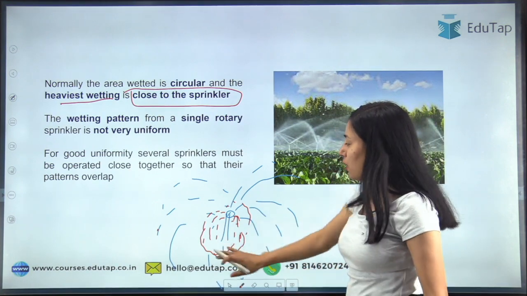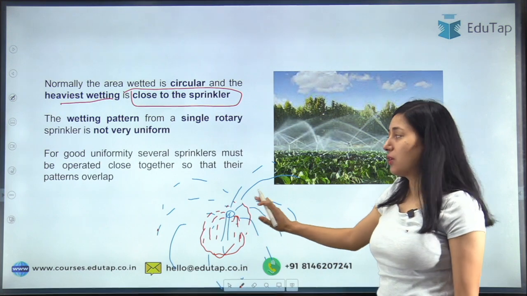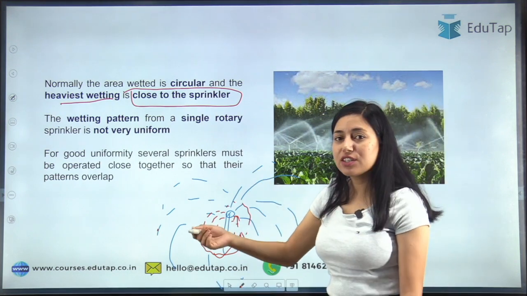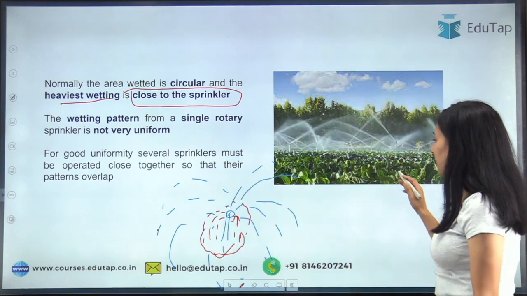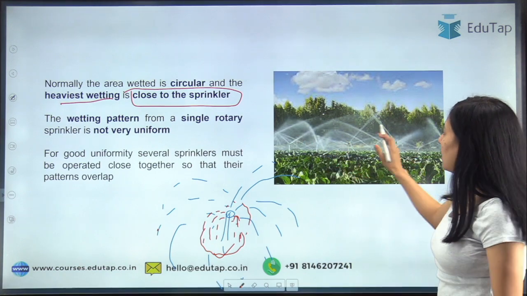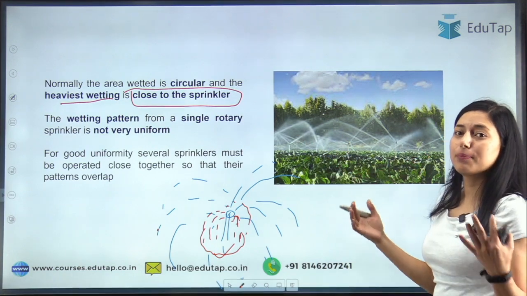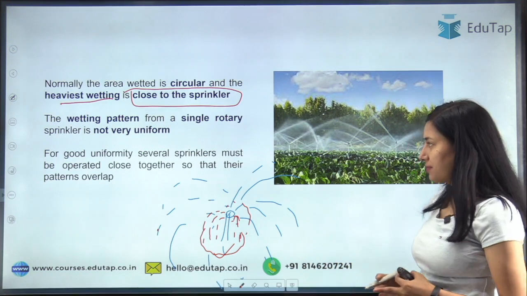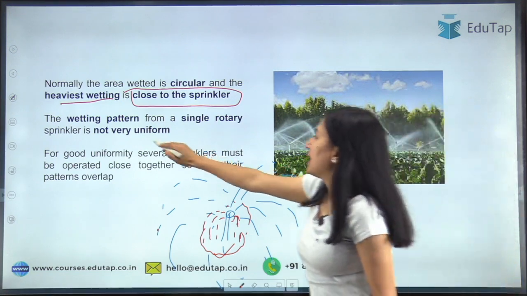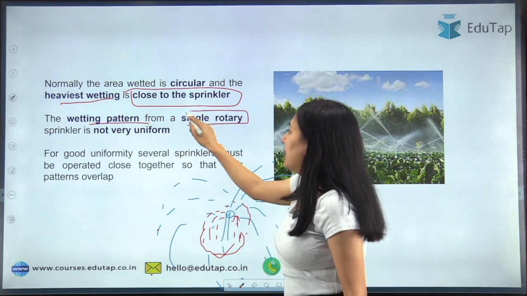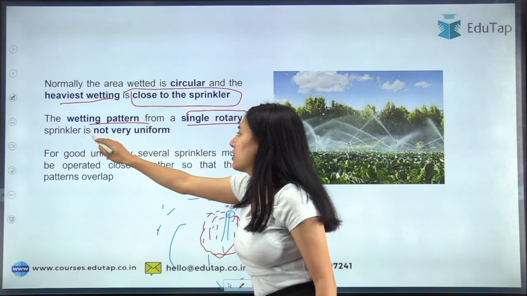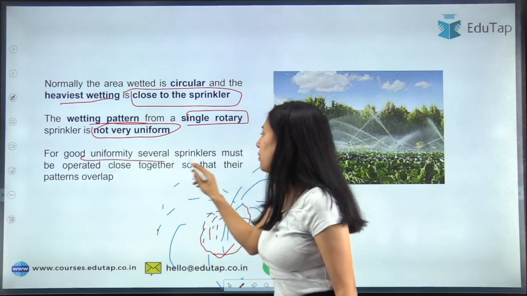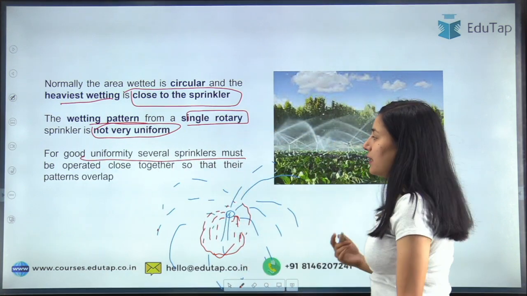So for uniform spreading of water, we install several sprinklers. Like you can see in the picture, several sprinklers are used where their patterns overlap each other and there is uniform spraying of water. The wetting pattern from a single rotary sprinkler is not very uniform, so for good uniformity, several sprinklers must be installed.